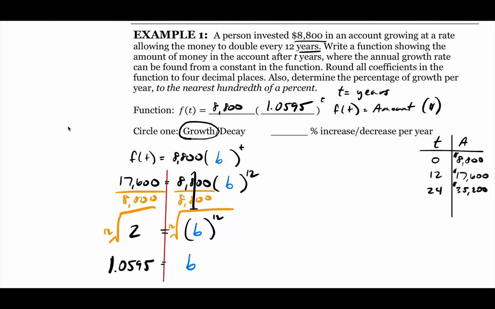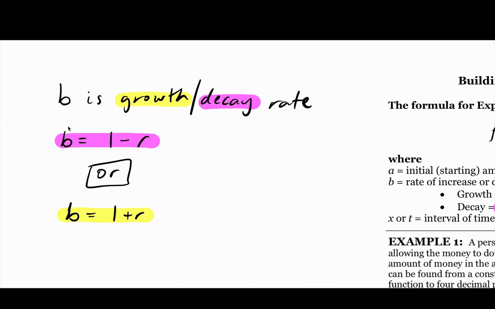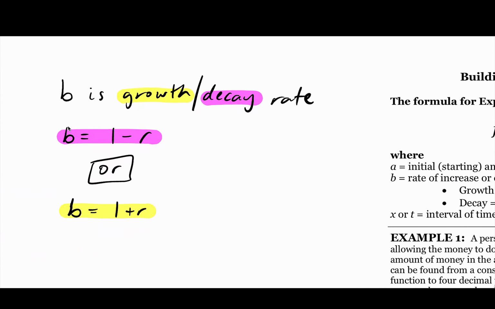Okay, so I have my function here. Now all I have to determine is rate of increase. Well, we know it's increasing because it's growth. So increase and growth go together. So now I have to find the percent. Well, let's go back to where we started, right? We said growth is 1 plus r, right? 1 plus r.